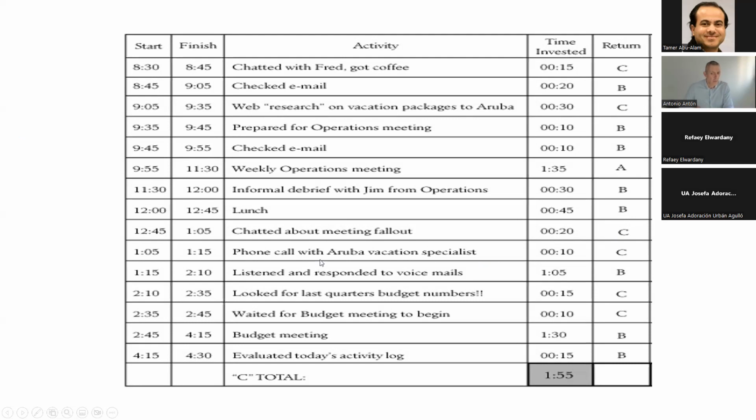A phone call with a colleague or worker about vacation, maybe C. Looking for the last quarter budget number is C, waiting for the budget meeting to begin is C, or whatever it is.